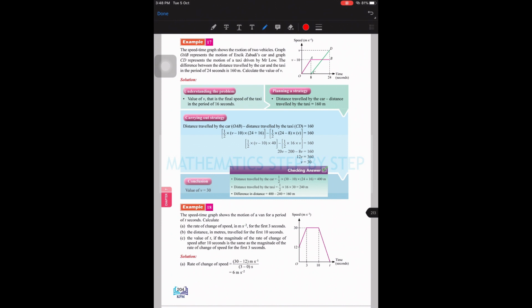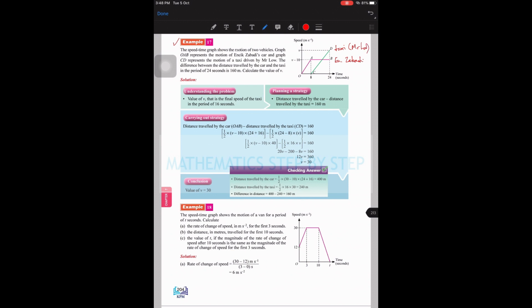Let's go through example 17 together. The speed time graph shows the motion of 2 vehicles. Graph OAB represents the motion of Encik Zabadi's car, and graph CD represents the motion of a taxi. So Encik Zabadi, then this is taxi, Mr. Low.